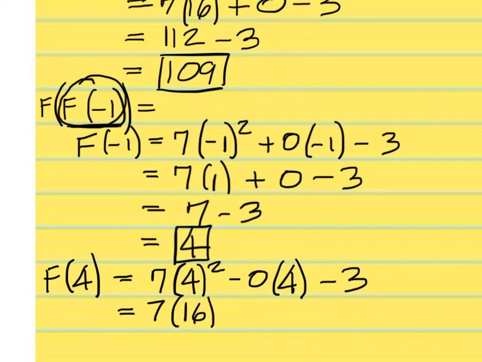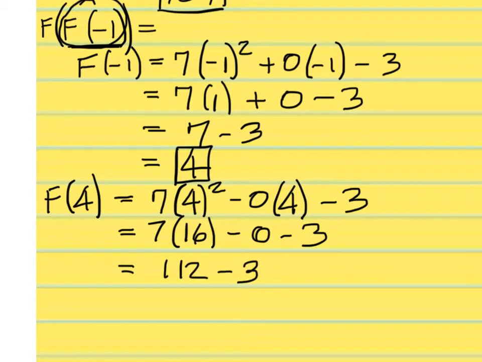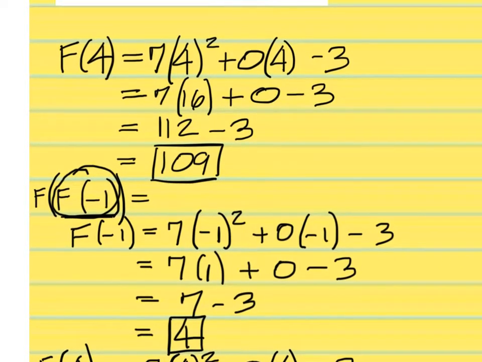So 7 times 16 plus 0 minus 3, and again we end up with 112 minus 3, which is incidentally 109.